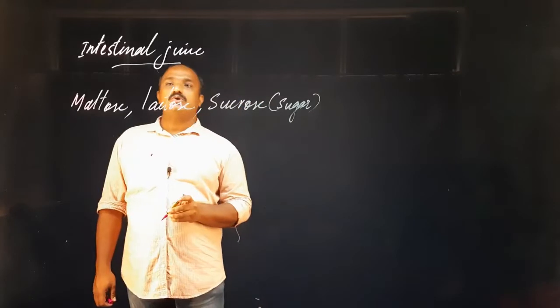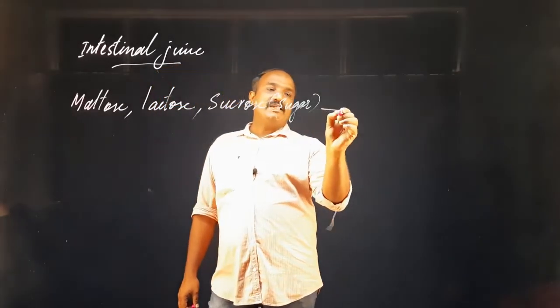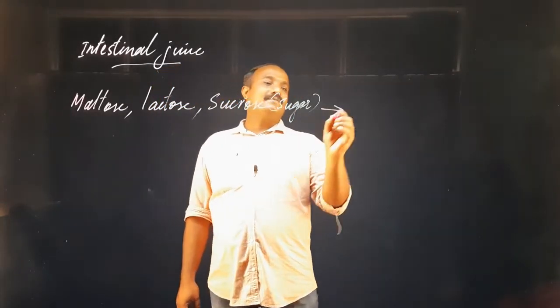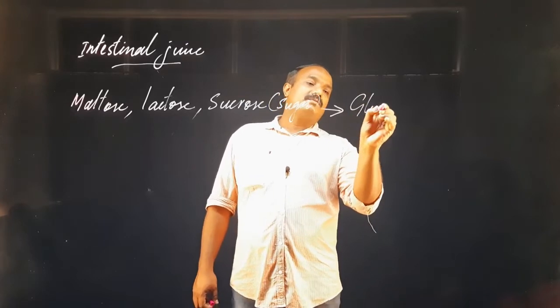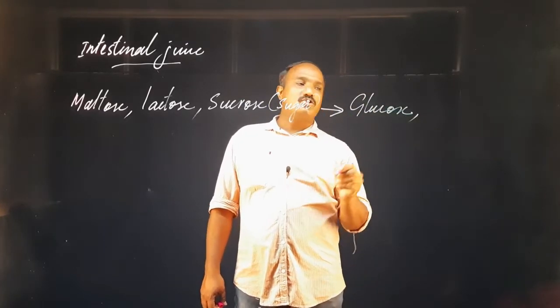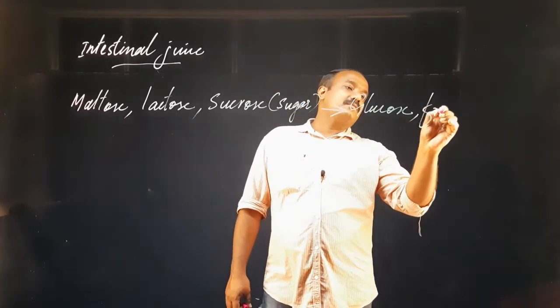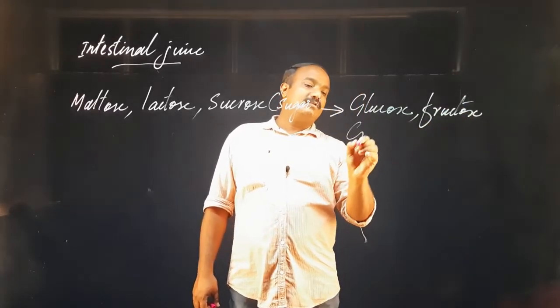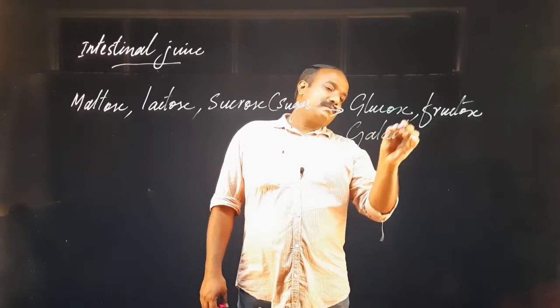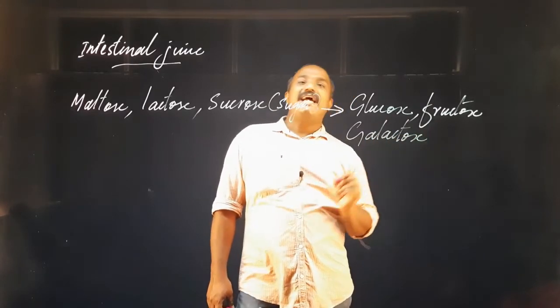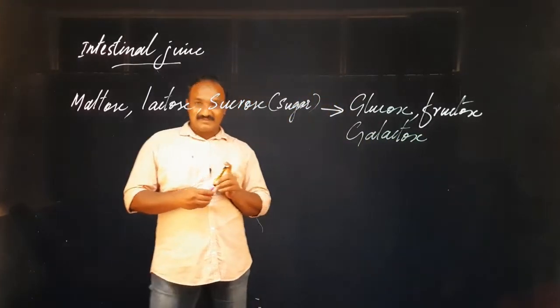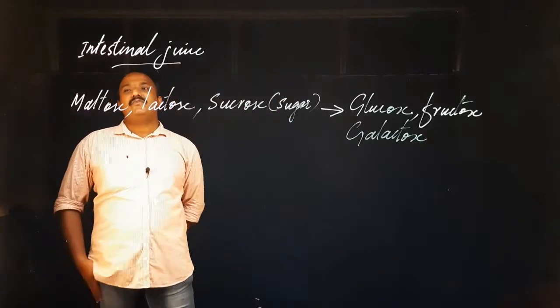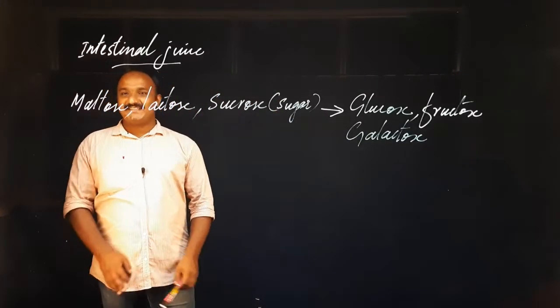That is what is called sucrose. It will be converted into which form? Look, glucose, fructose and galactose. That is the simplest form of the carbohydrate.